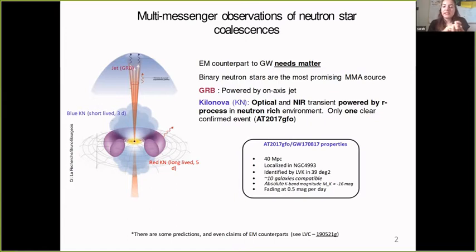kilonova detection, which was, from my point of view as an astronomer, very easy because the source was at 40 megaparsec. This kilonova was revealed thanks to the gravitational wave detection, which asked the astronomers to look in a region of 40 square degrees.